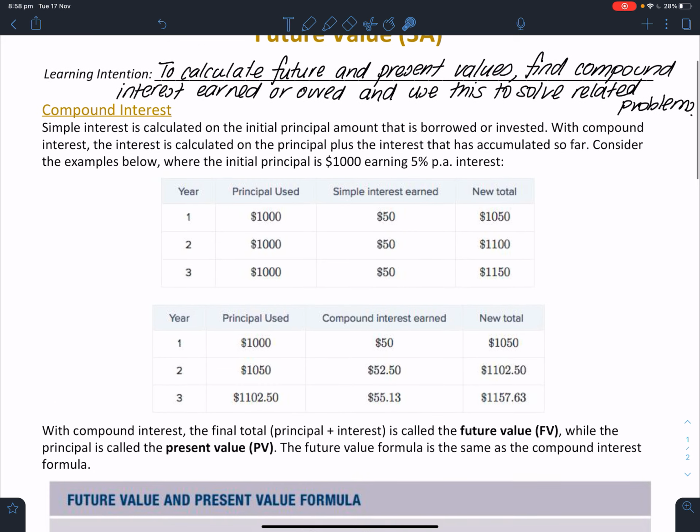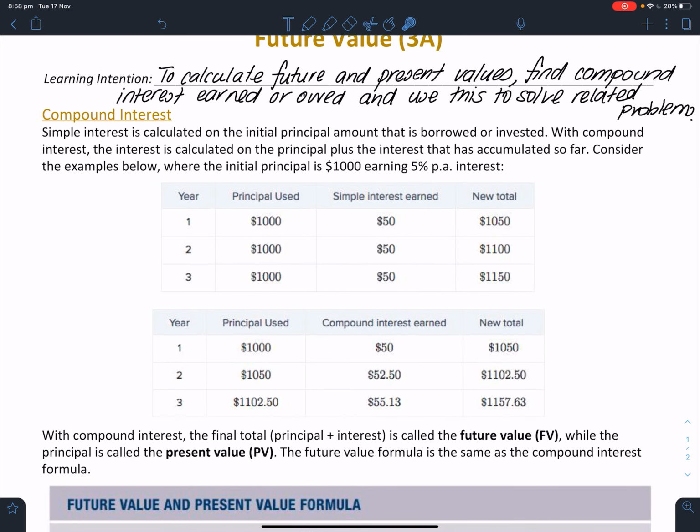Now, that's shown to you here in this table. The first one is showing simple interest: in the first year, $1,000 earns $50 interest, and the total goes up to $1,050. It's the same amount of money and same interest rate, I can tell because of what's happened in the first year.